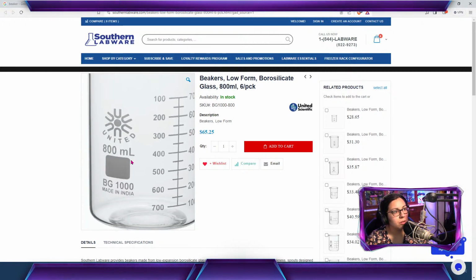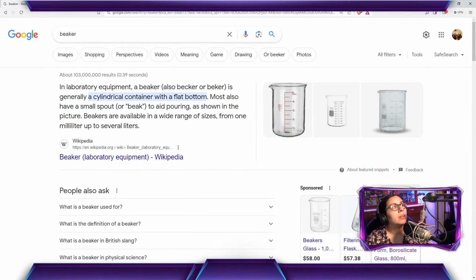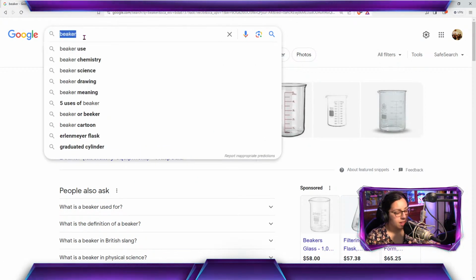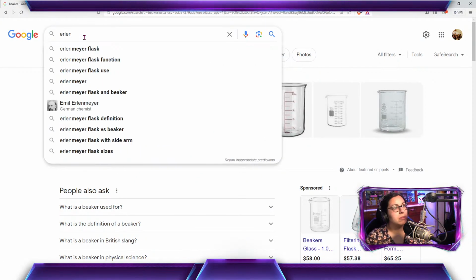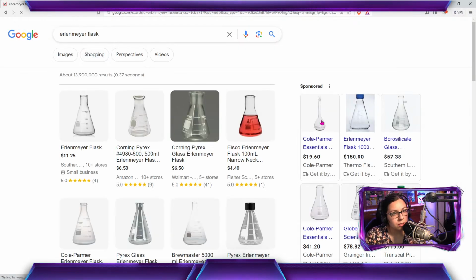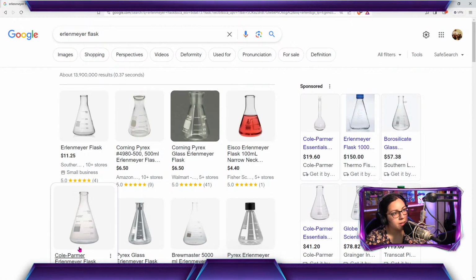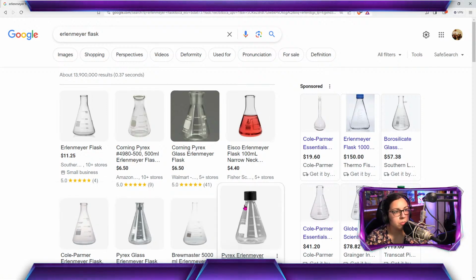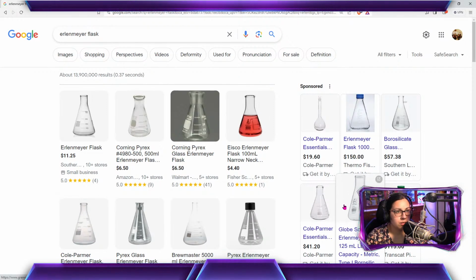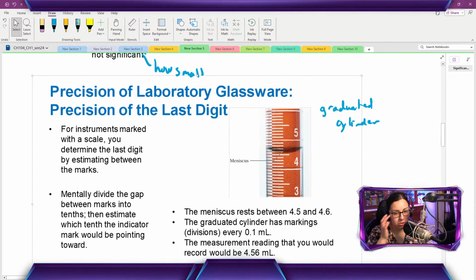Because they're not really well calibrated, but again, you have to play with that in lab. Same thing with Erlenmeyers. These are good for heating liquids and sometimes running reactions. Again, it depends what you're doing, but not very precise for measuring.